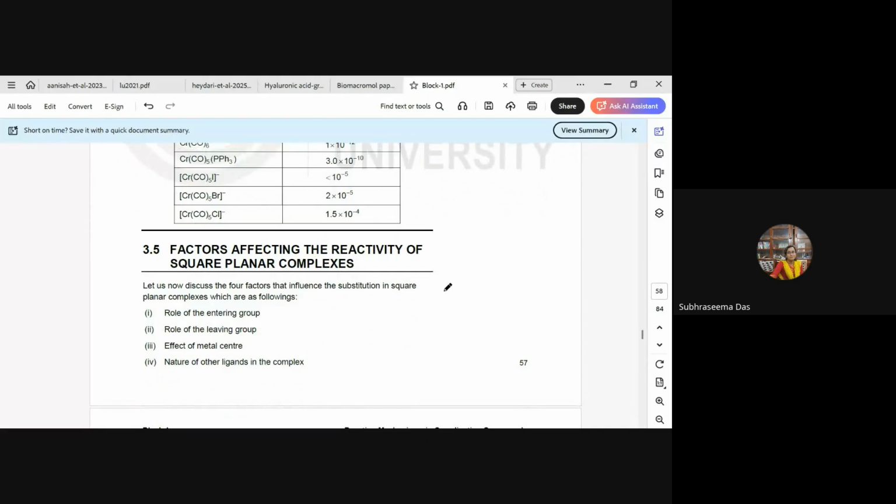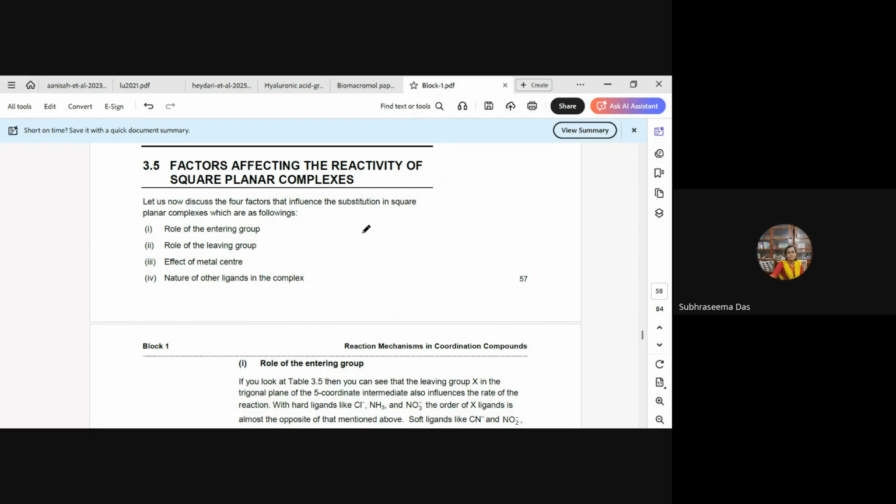So, factors affecting the reactivity of square planar complexes. There are some important factors which influence the reactivity of square planar complexes, and particularly four important factors, and we'll discuss them one by one.